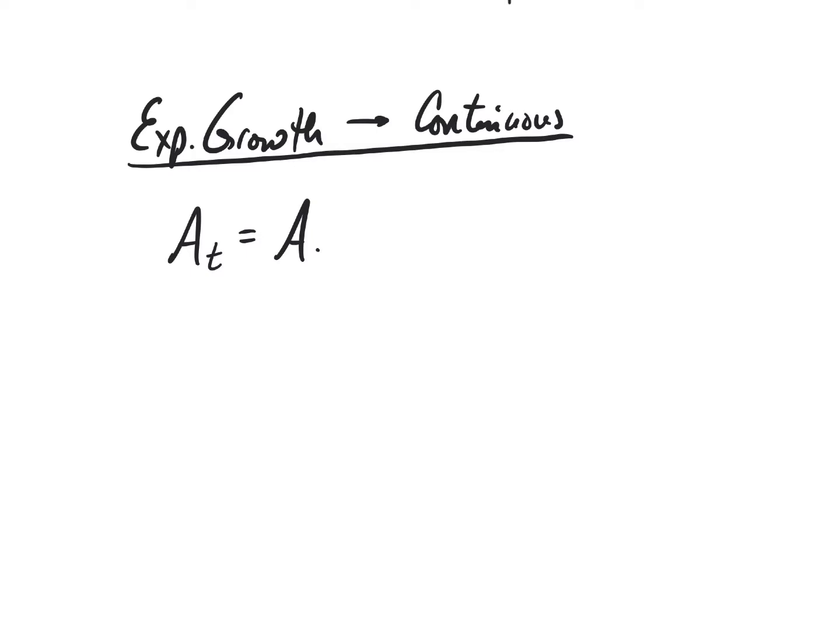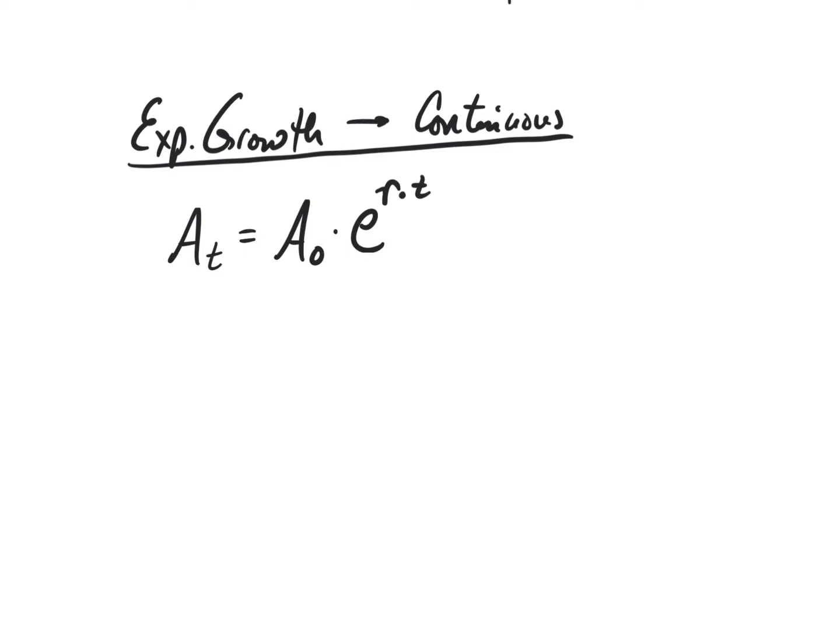It starts off looking the same as all of the others have: A sub t equals A sub 0. But now instead of the parentheses and the 1 plus or the 1 minus and all of that, what we do with continuous is we use the natural base e raised to the r times t power.